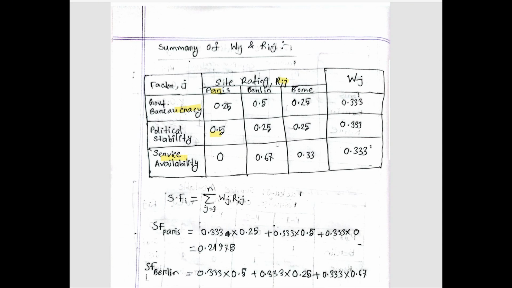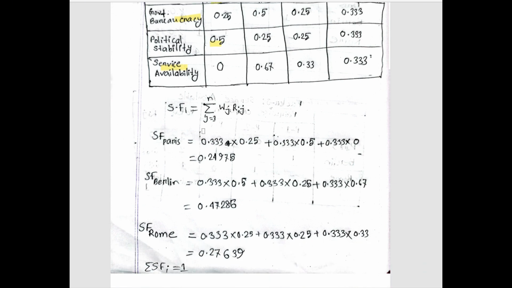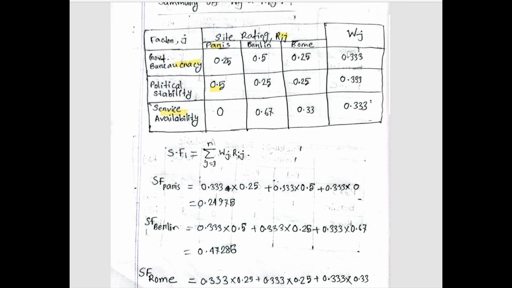Now after putting all the values for each city and each factor, with the weight of influence 0.333, if we look at the formula, subjective factors is equal to the summation of WJ times RIJ. WJ, weight of influence of government bureaucracy, times RIJ factor for government bureaucracy, plus the weight of influence times political stability, plus the weight of influence times service availability.